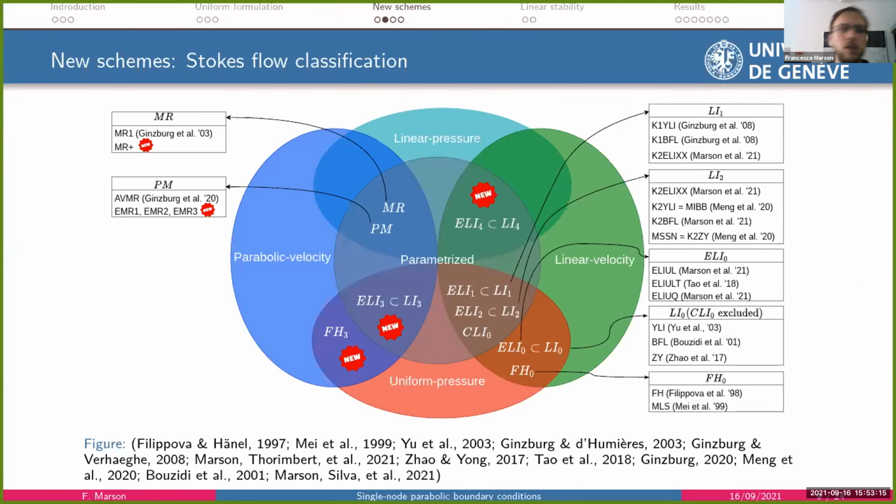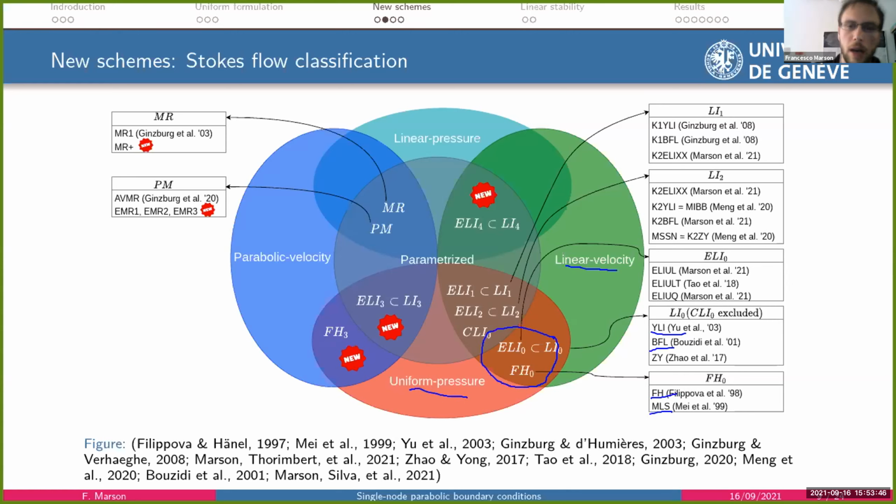Now, let's consider the classification of the different link-wise schemes on the basis of the Stokes flow. As you can see, the most known boundary conditions are all located in this region of the graph. Like the Bouzidi scheme, the U scheme, but also the Filippova-Hänel and the Mei-Luo-Shyy. So they are boundary conditions that are able to provide linear velocity and uniform pressure accuracy.